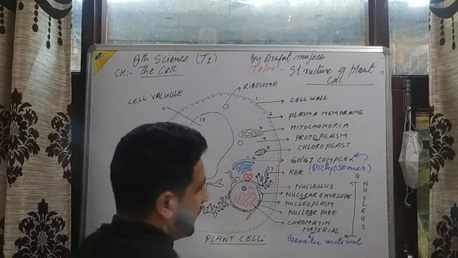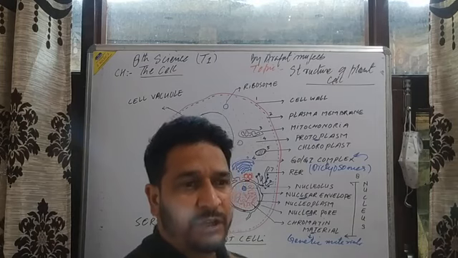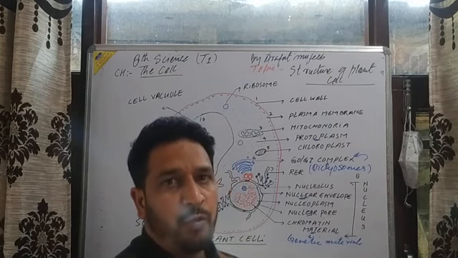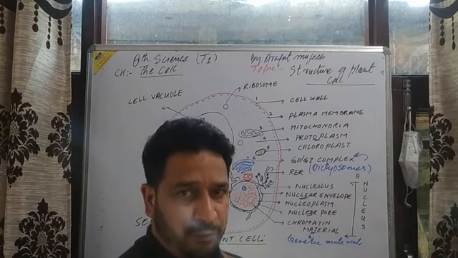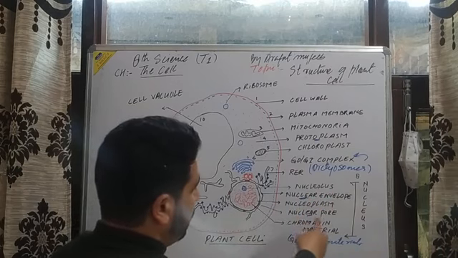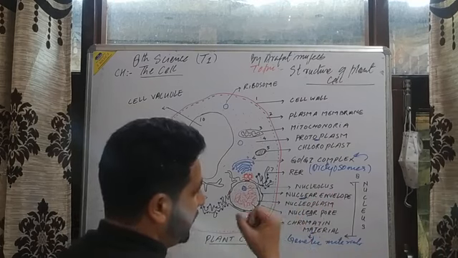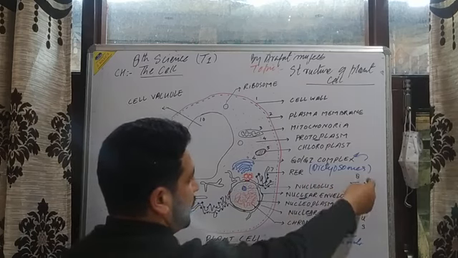Later on, it transmits from generation to generation in order to have a coding for the design of the cell, for the design of the body. The nucleolus, nuclear envelope, nucleoplasm, nuclear pore, and chromatin material, which is known as the hereditary material or genetic material, all this collection is known as the nucleus.